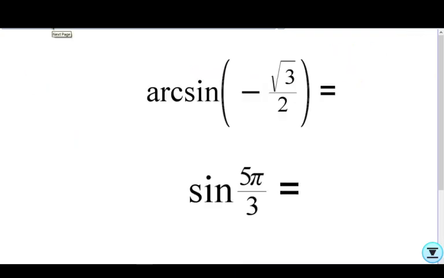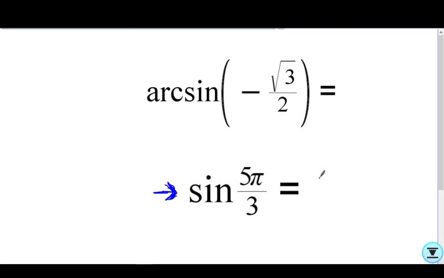All right, so arc sine of -√3/2. Before we do that, we're going to talk about the sine function first. The way the sine function works is you input an angle measure, a radian or a degree, and it gives you back a unit circle value, a number between -1 and +1.